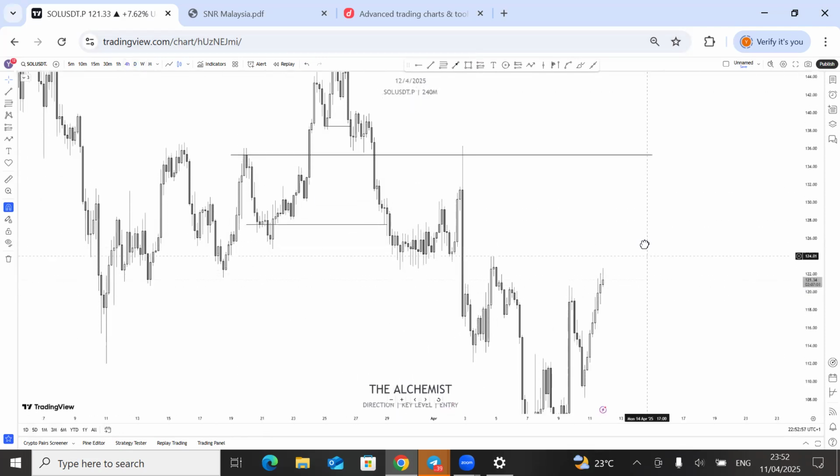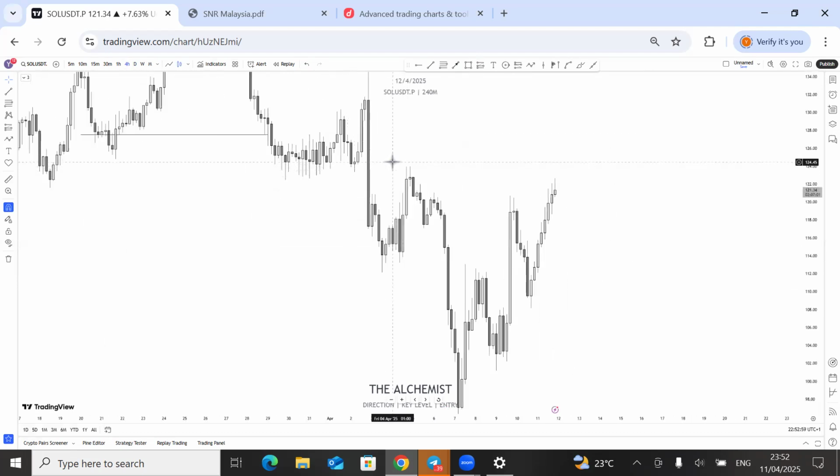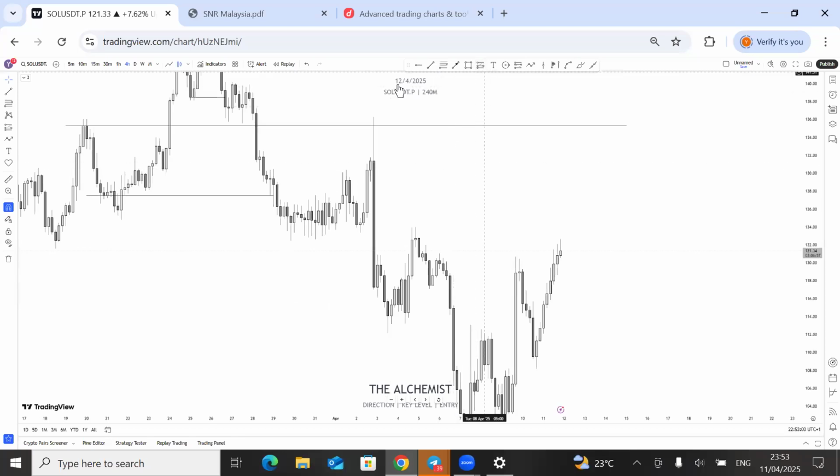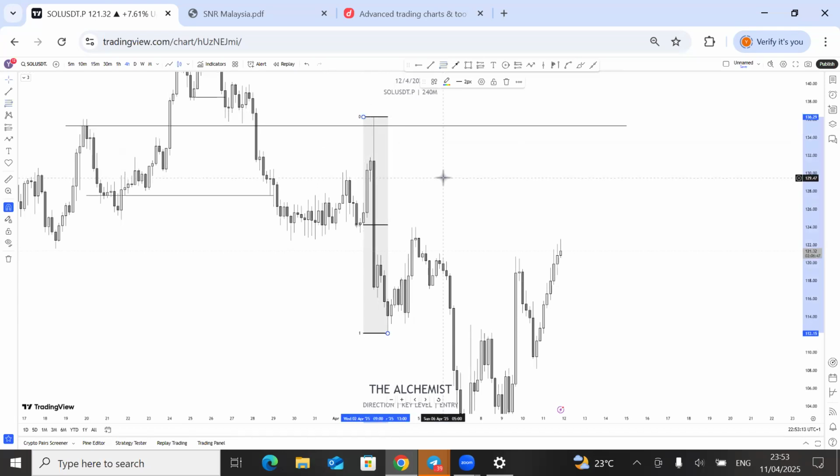This should be the confirmation: price broke the structures to the downside, came down, came back. Once you have things like this, you can still use your Fibonacci to confirm it. It makes you more sure and more safe to take any trade. Price came back and reacted from somewhere here.